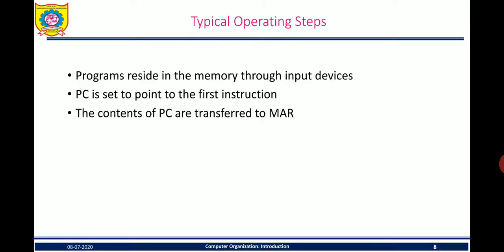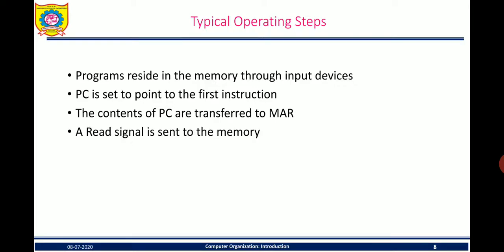The contents of PC are transferred to MAR, the memory address register. Here the program counter shows the address of the next instruction, so that address is stored in MAR. Now the contents of that memory are to be brought for processing.